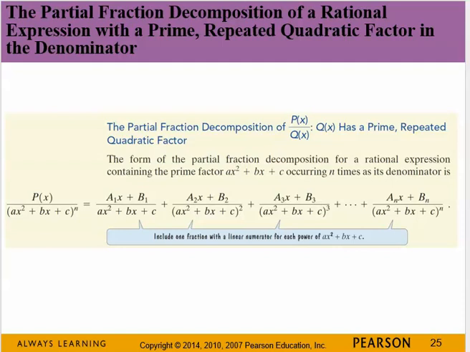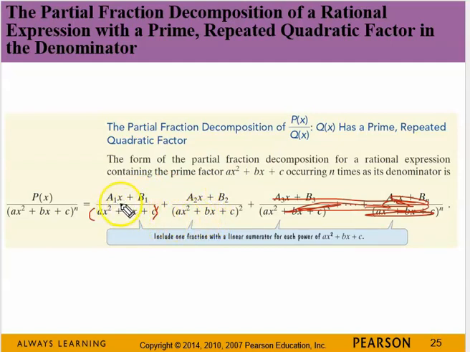So we need to look at the setup of this. So there's our original. And then notice that this is to the first power. This is to the second. This is to the third, and so on. Fortunately, we don't have to go any further than this. This is all we're going to deal with. But I wanted you to see where this came from.